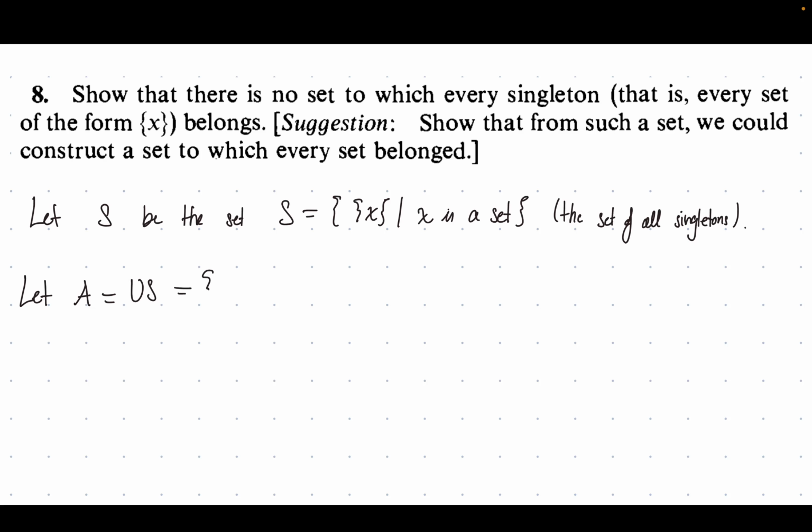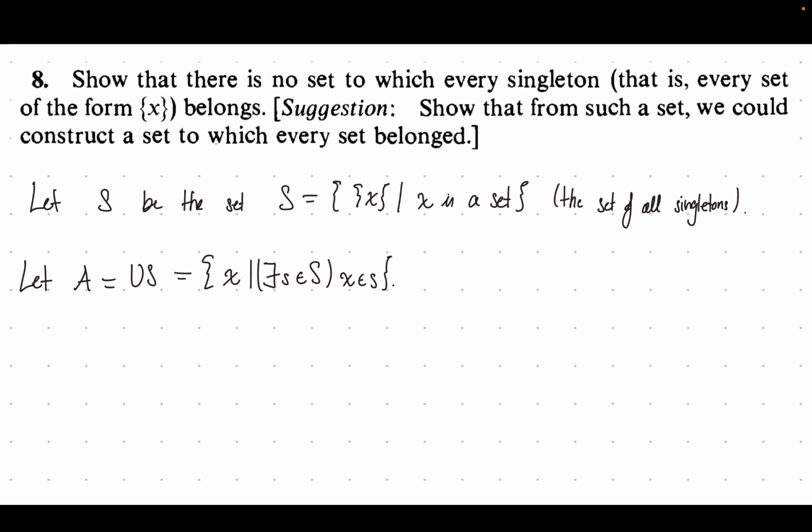And recall that this is going to be the set of X such that there exists some little s in big S where X is in little s. So by construction of what S is, all these little s's, you can think of them as the containers for each one of the singletons.